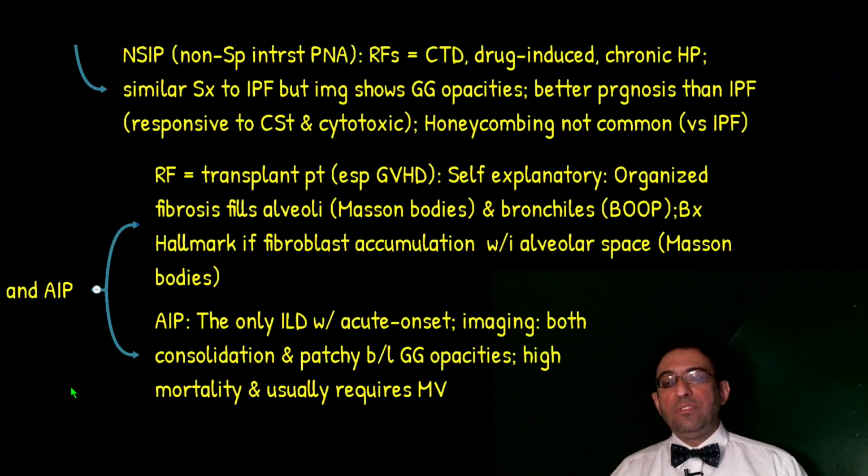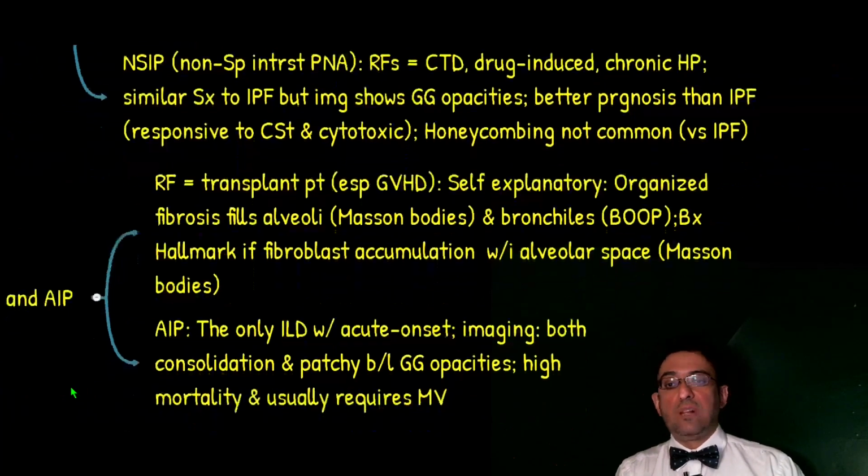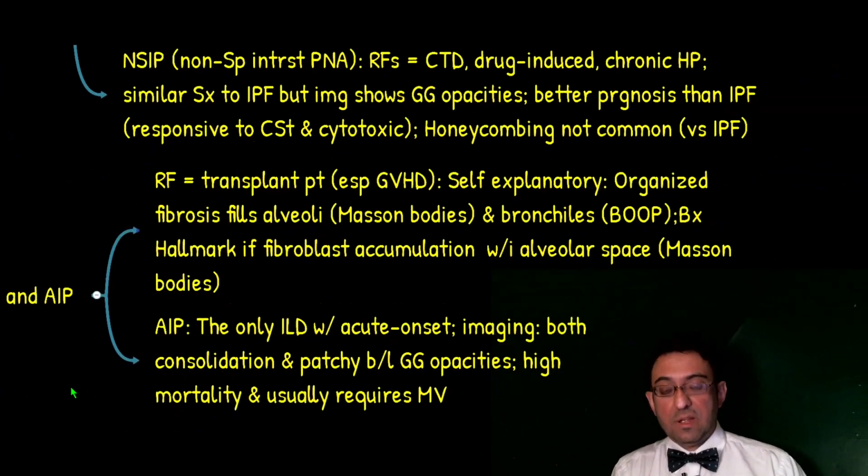Now, what is the chest X-ray imaging in both bronchiolitis obliterans organizing pneumonia, also known as cryptogenic organizing pneumonia, as well as acute interstitial pneumonia?